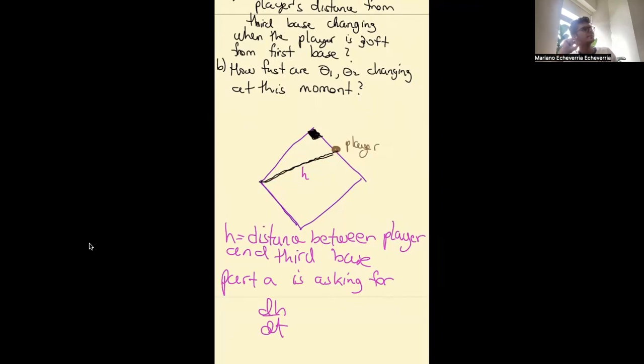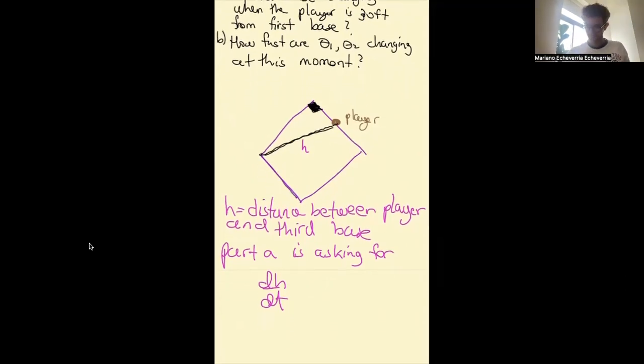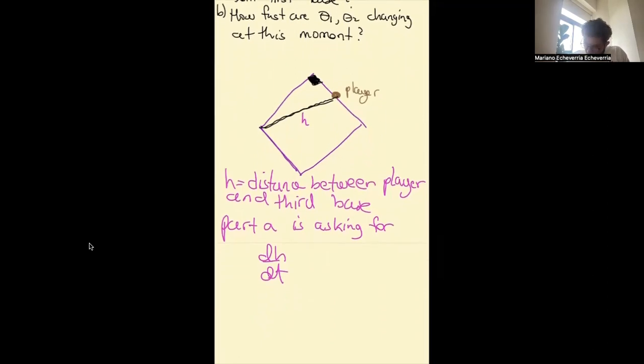So what else could you do in this picture? What other variables could we have in this picture? Well, remember, each side of the square is 90 feet long.